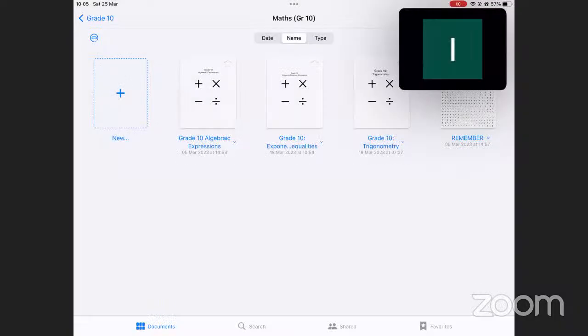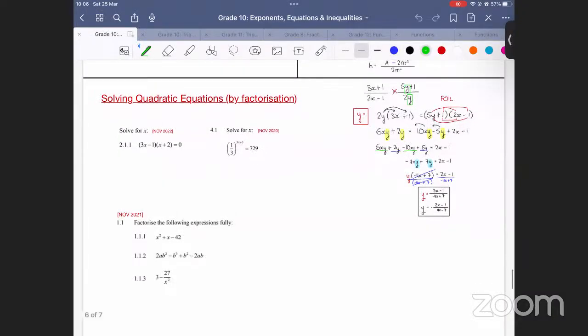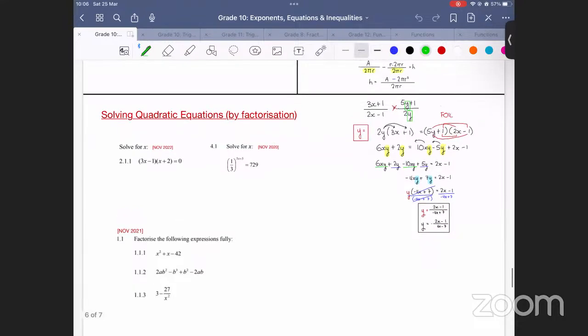Okay, so we did algebraic expressions. We did trigonometry. So we actually don't have to spend too much time on this because we already did factorization of trinomials, right?